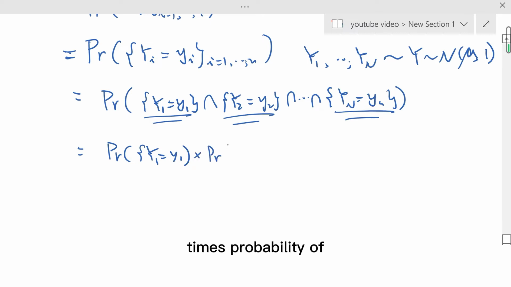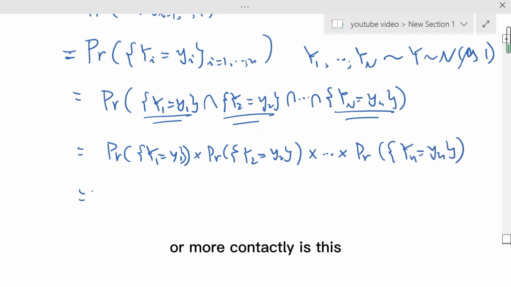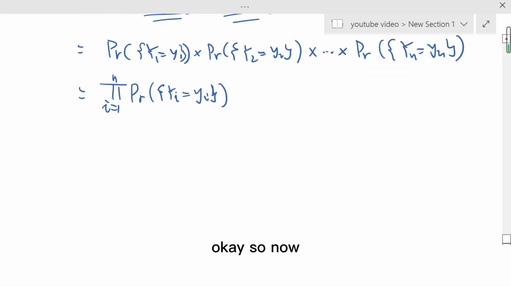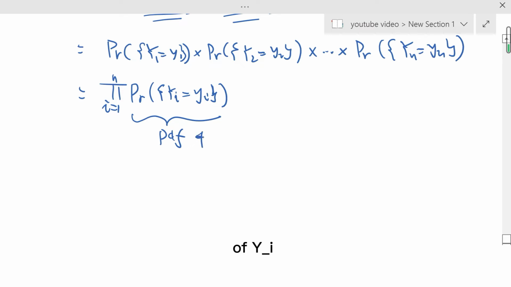The probability of Y1 equal to y1, times the probability of Y2 equal to y2, times and so on, or more compactly, is this. Now for these terms, we're going to replace this probability by the PDF of Yi.